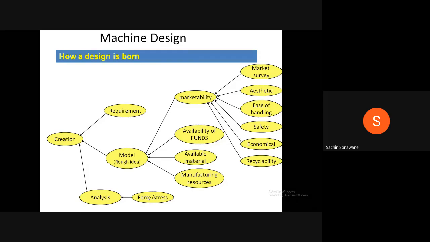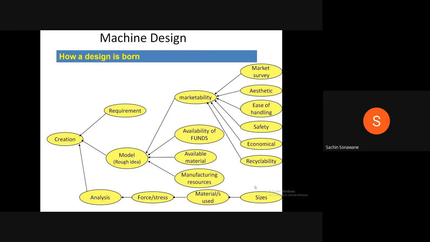We are studying what different forces or stresses are there on the product. Then materials used, then sizes, meaning we are manufacturing that product in different sizes. Therefore, this is the overall design procedure.